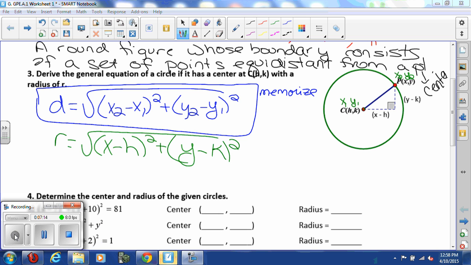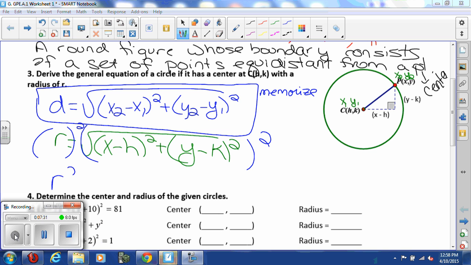Well, the only other thing I think we can do to get rid of that radical is to do what? How do you undo a radical? Square both sides. So guess what?